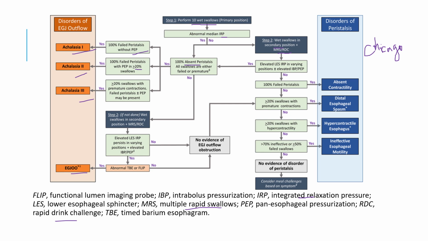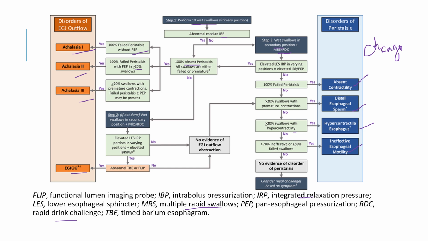If there is no abnormality in the pressure, no panesophageal pressurization, but there is 100% failed peristalsis, it may be due to absent contractility. More than 20% of swallows with premature contraction may be distal esophageal spasm, or more than 20% of swallows with hypercontractility may be hypercontractile esophagus, or more than 70% ineffective or more than 50% failed swallows may be ineffective esophageal motility, or it may not bring out any evident pathology also.